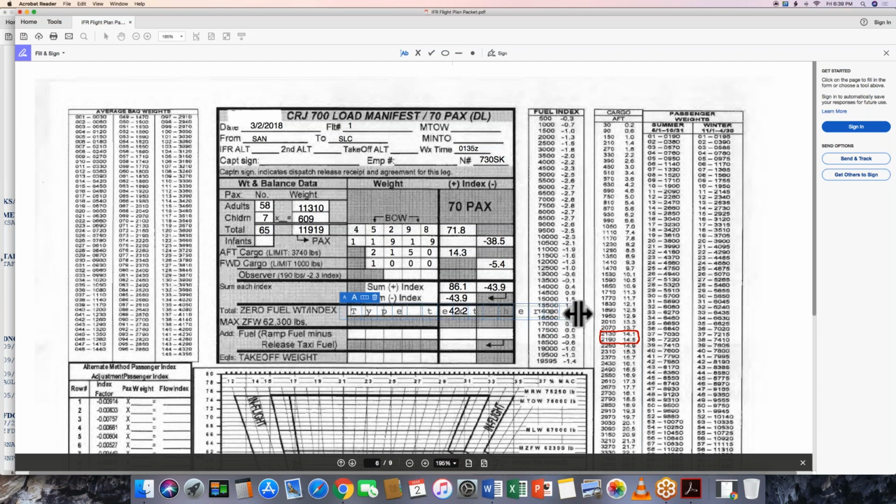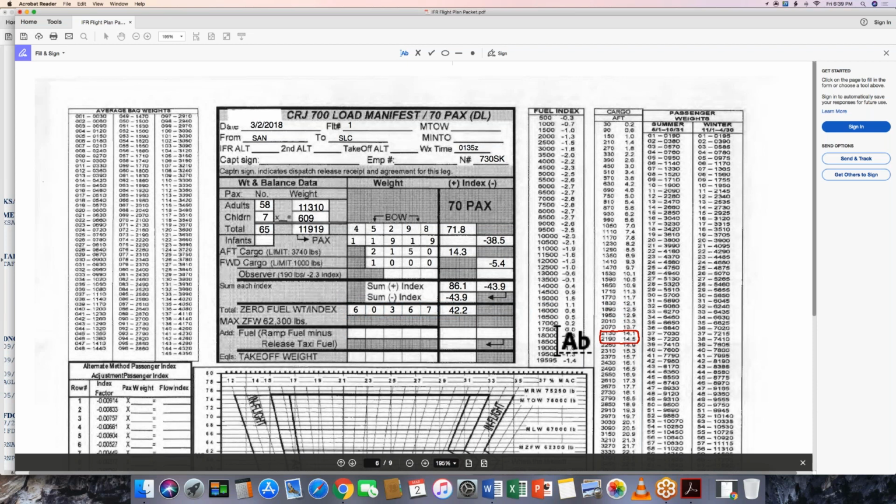And let's do the weight. So I believe I have 60,367. Okay, what's the max zero fuel weight of a CRJ 700?